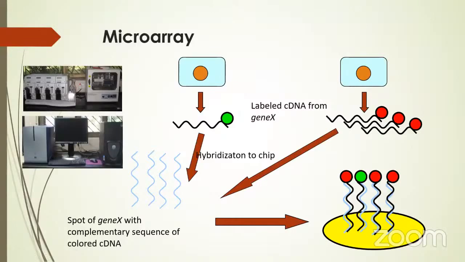Now you have your sample in hand. You have isolated RNA from the sample, and you want to check whether the gene I already put on the platform is present in our sample or not. For that, we will simply do hybridization, and you will get a signal. This is the simple technology based on DNA or nucleic acid hybridization.